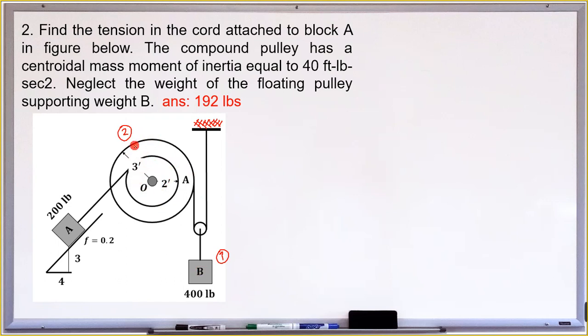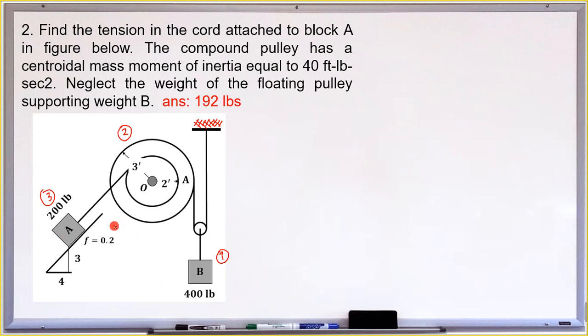Its dimensions are significant, very important in our calculation. Therefore, we consider this as a rigid body rather than a particle. For our third object, block A, we consider this as a particle because its dimensions are not too significant, and its size is smaller compared to its path of travel.